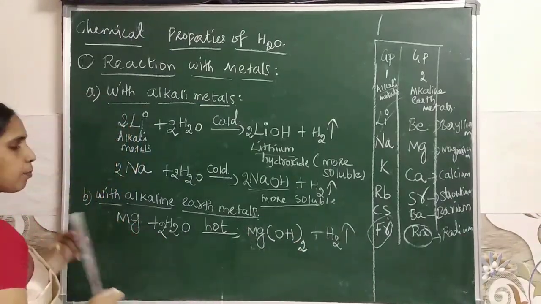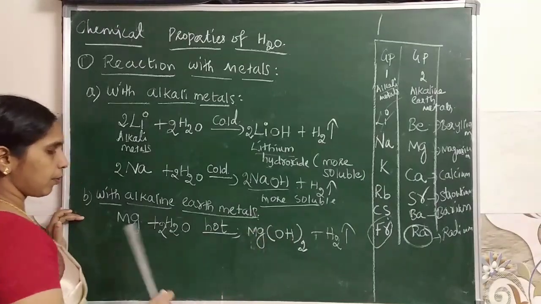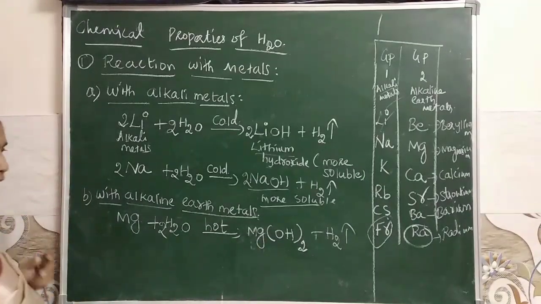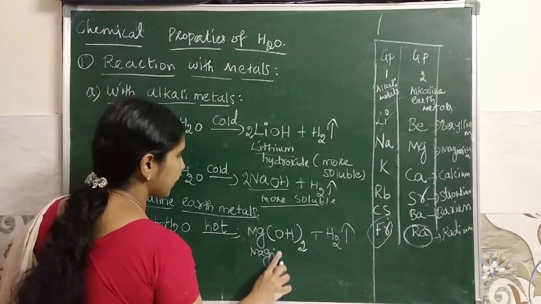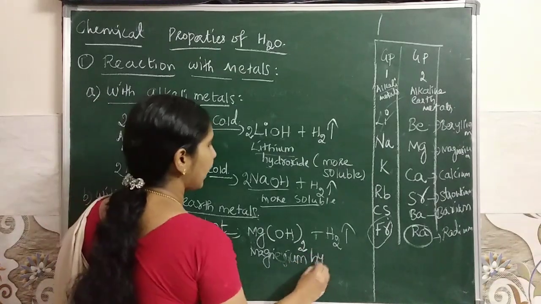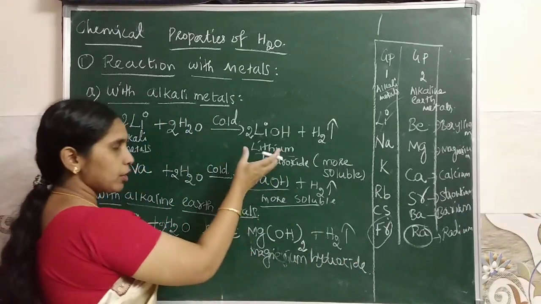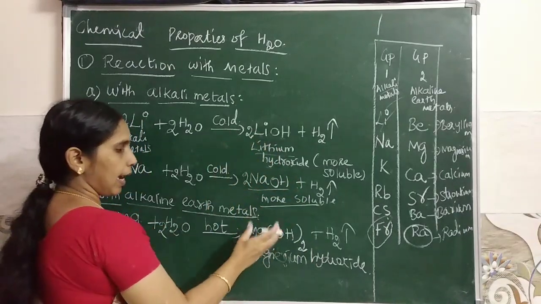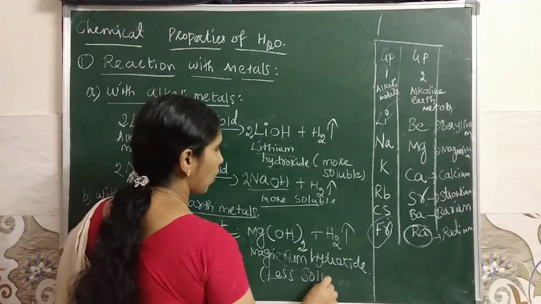Hydrogen is balanced. Oxygen 2 here, also oxygen 2. Now the equation is balanced. The name is magnesium hydroxide. Compared to lithium hydroxide, magnesium hydroxide is less soluble.